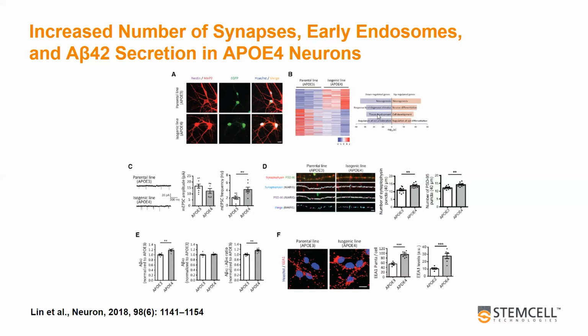We can see here cell proliferation-related genes were downregulated by ApoE4, while neurodifferentiation-associated genes were upregulated. Figure C to figure F showed increased number of synapses, early endosomes, and A-beta secretion in ApoE4 neurons.